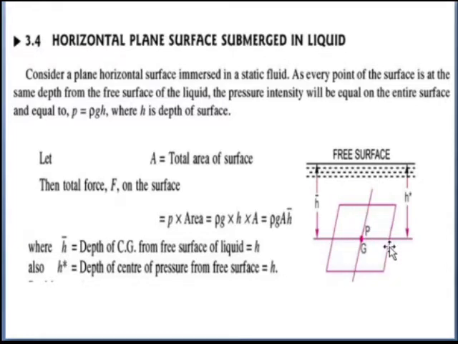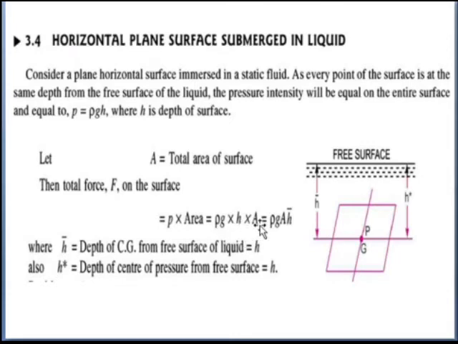For finding the total force acting on the surface, the formula is the intensity of pressure into the whole area. So P into area is nothing but the total force. Putting the value of pressure intensity, it is equal to rho g h into area.